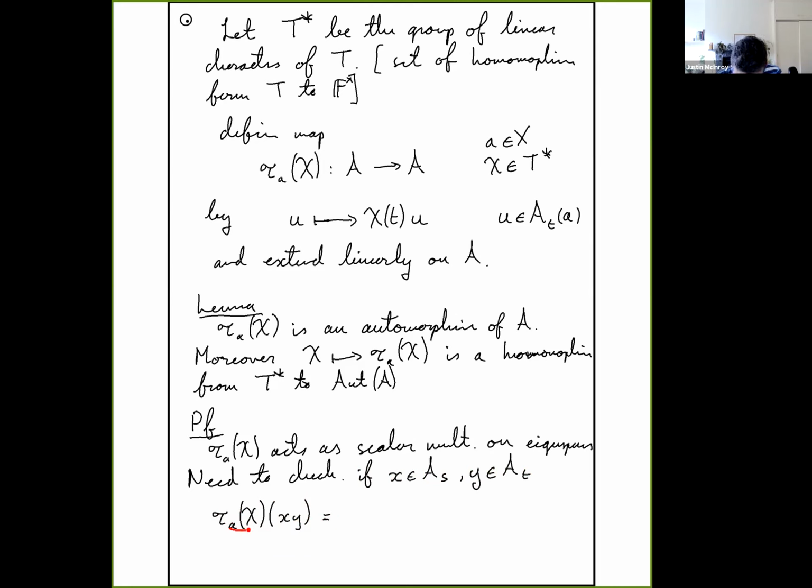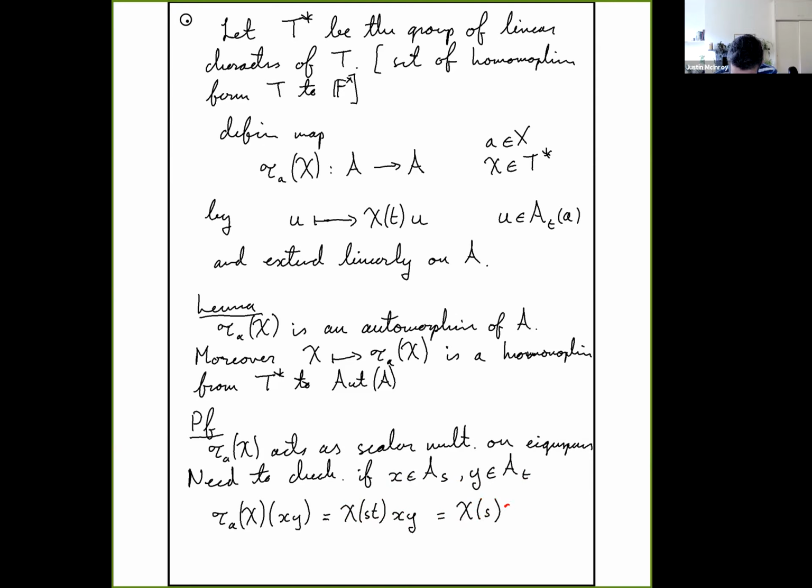So what is this going to be? I'm applying this to the product here. This product, by definition, lies in the S graded piece and in the T graded piece, so the product must lie in the S times T graded piece. And that's just the definition of the map. Here I apply chi to S times T. But this chi is linear, so homomorphism.